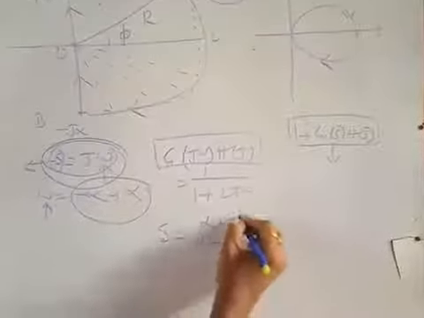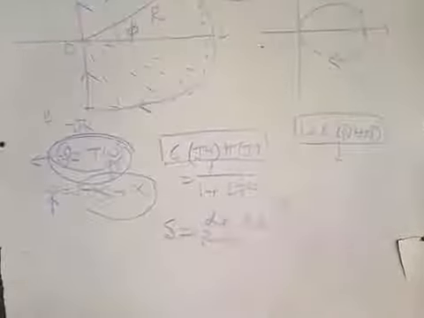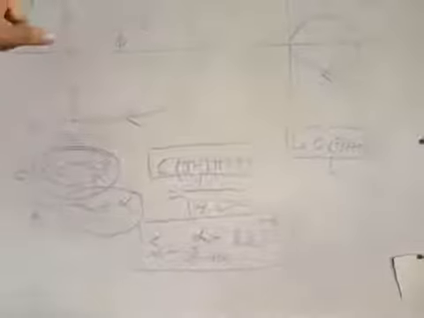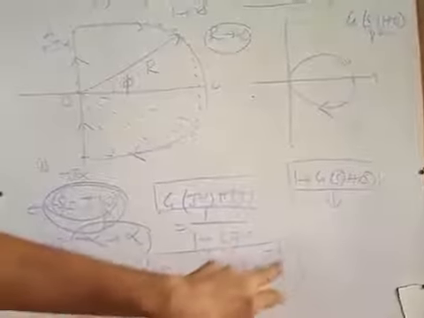This can be treated as one phasor, and the expression of s for the semicircular indent is s = limit R tends to infinity of R e^(jφ). This R e^(jφ) is the phasor corresponding to the semicircular path. You see, this e^(jφ) means the phase of this path is phi.